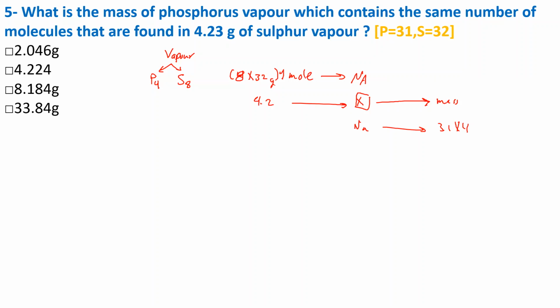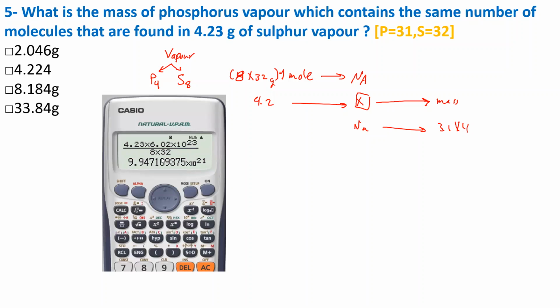So by finding the number we will reduce the mass, which is needed here. So X contains a number, and the mass; this number is containing Avogadro's number, and the mass is containing a mole.